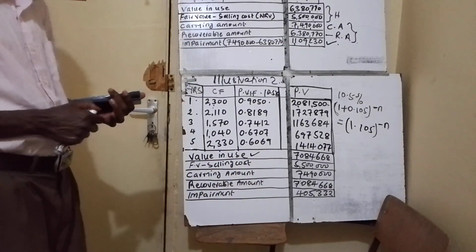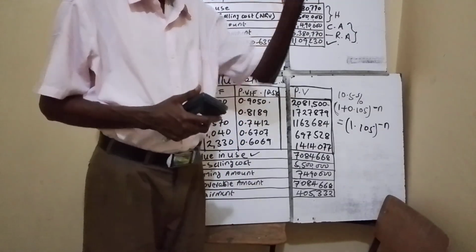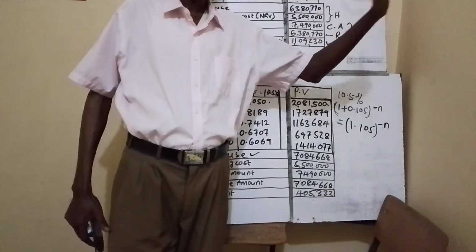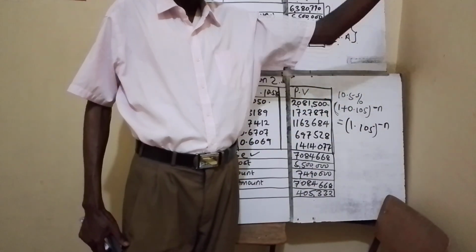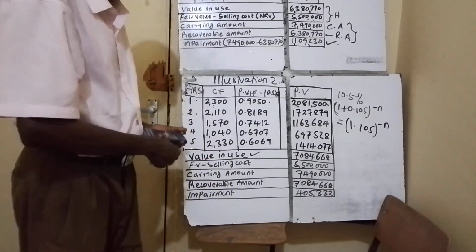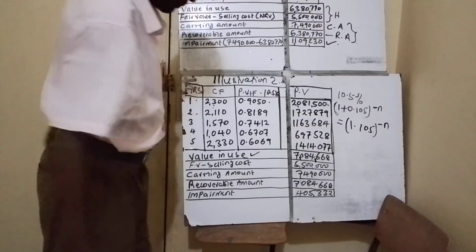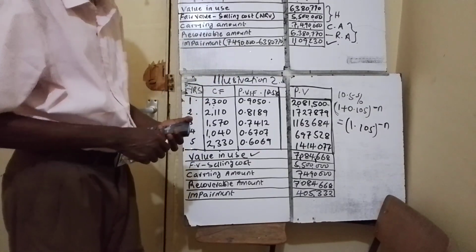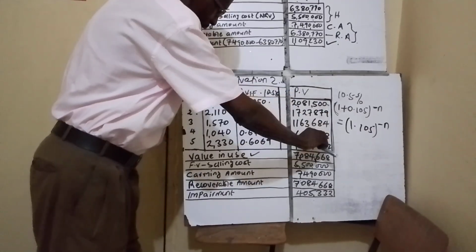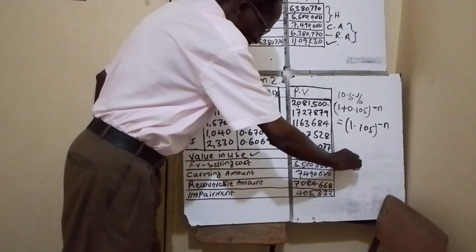Value in use means the present value of all the expected cash flows. This machine is expected to generate certain cash flows in the future. So what is the present value of those cash flows as at today for these 5 years? You have gotten 7,084,668. That's the value in use. If you sum up these present values for the 5 years, you get that.